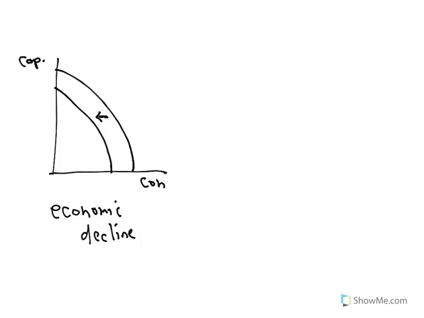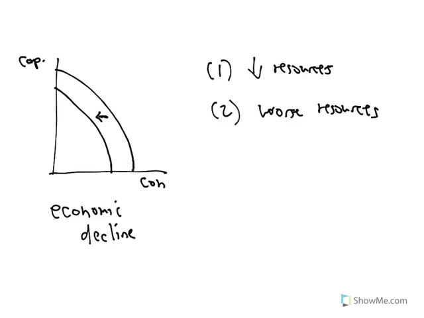And the reasons for this, I'm sure you can guess, are just the opposite of what they were for economic growth, which would be less resources, so less labor, land, capital, etc. Worse resources, so resources that don't perform as well as they were before, or less technology, right? Maybe our machines are down, they're not working, whatever the case may be.